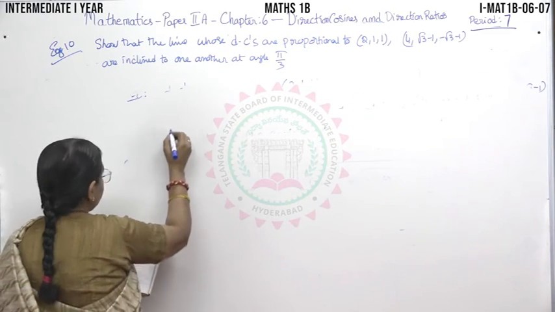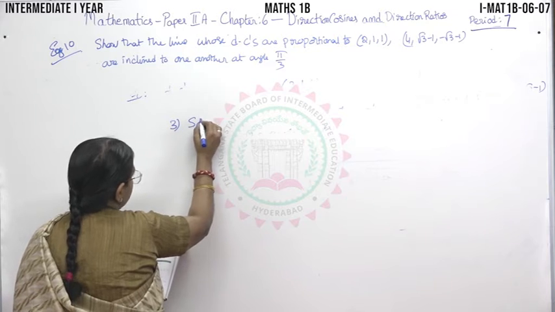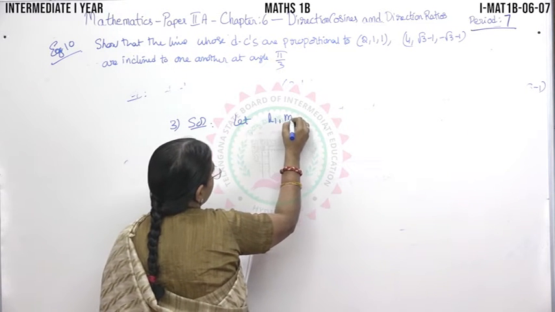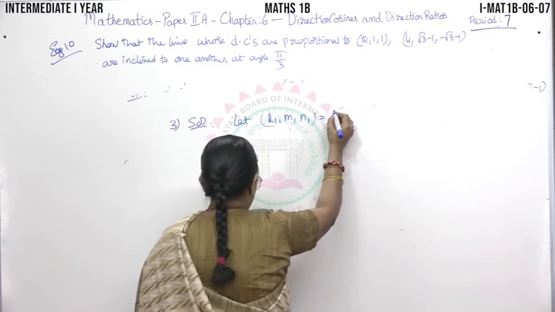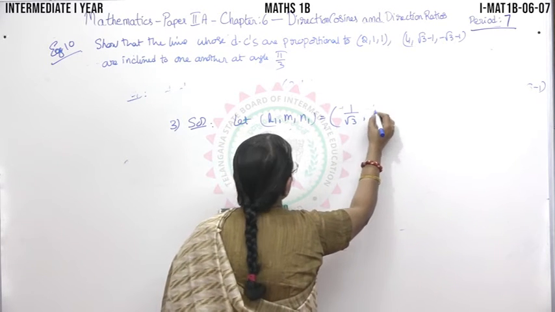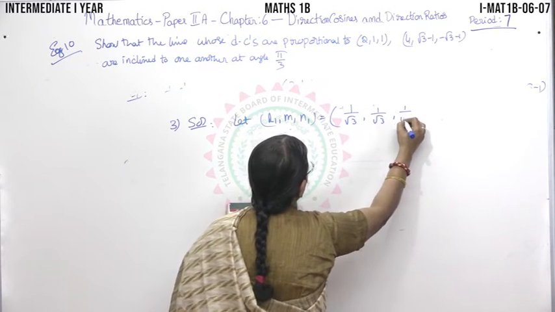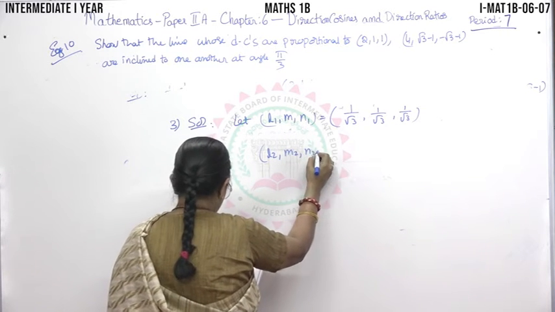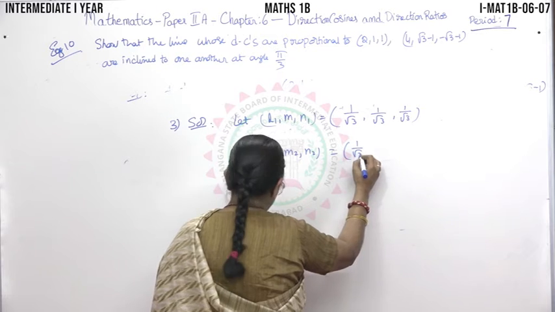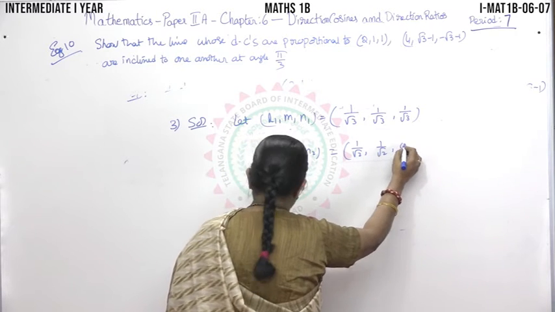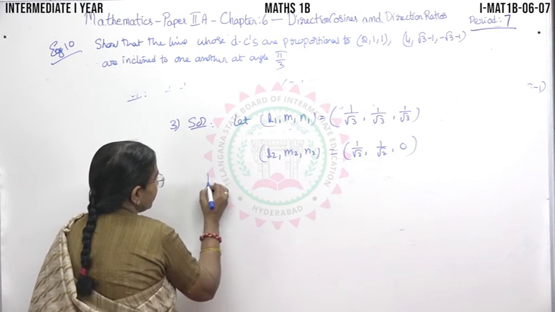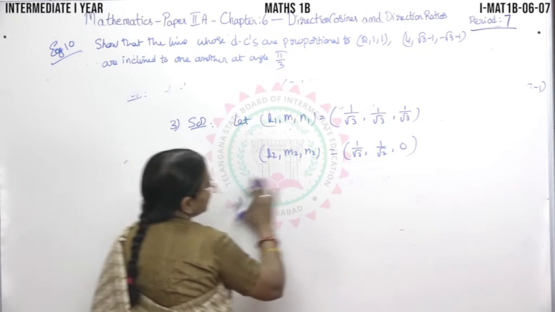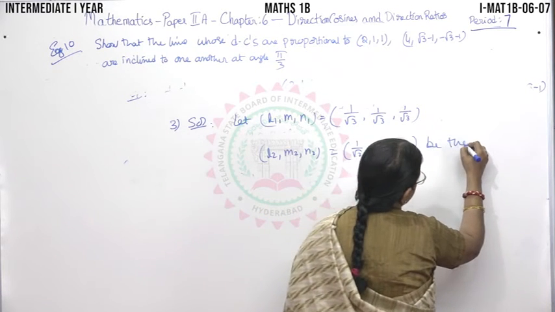So in the third problem, the solution is you are given direction cosines, no? So let L1, M1, N1 be the direction cosines, 1 by root 3, 1 by root 3 and 1 by root 3, and L2, M2, N2 as the second one, 1 by root 2, 1 by root 2 and 0. Let these two be the DCs of the two lines.